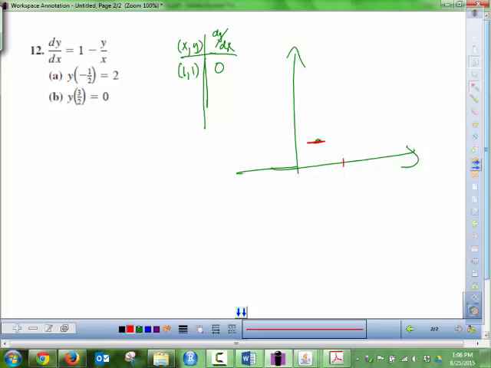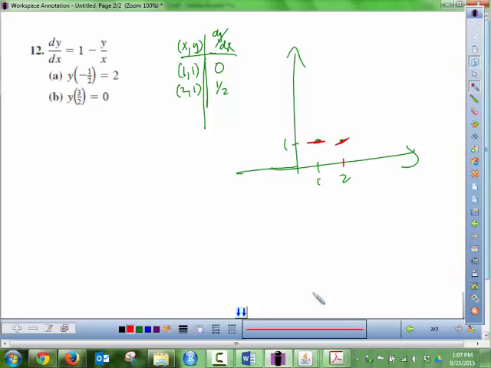If I have 2 for x and 1 for y, I'm going to have 1 minus 1/2, so that's just 1/2 for my slope. All right. So this is an example. I just wanted to do a couple of them as an example of something that has an x and a y in it, an independent and a dependent variable in the slope formula.